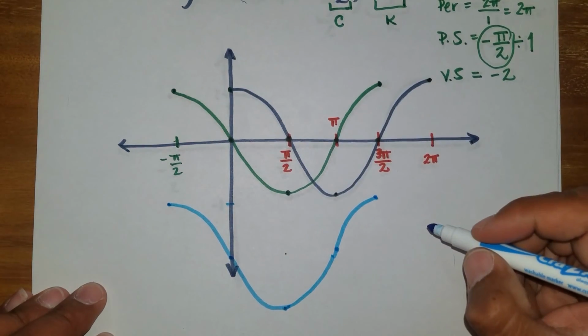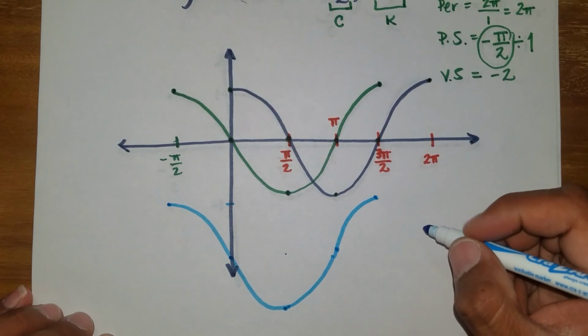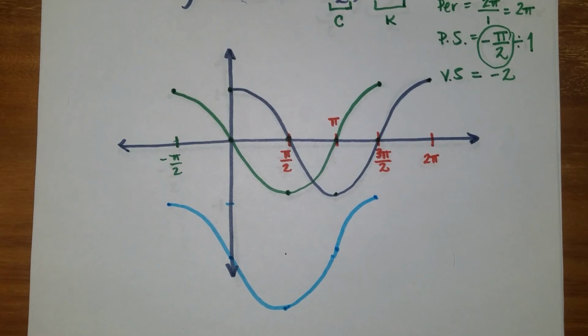Here you can see that it's basically the same graph as the previous two. The only difference is that we included the phase shift and the vertical shift on this graph.